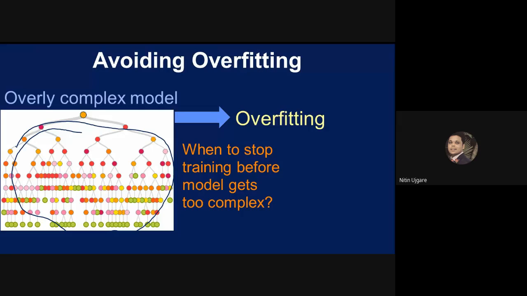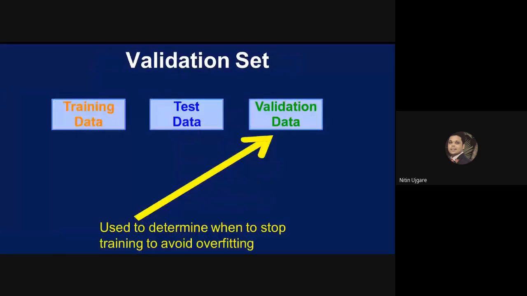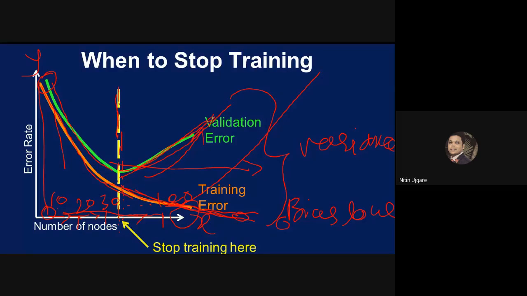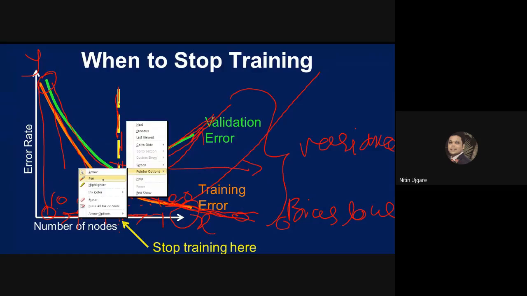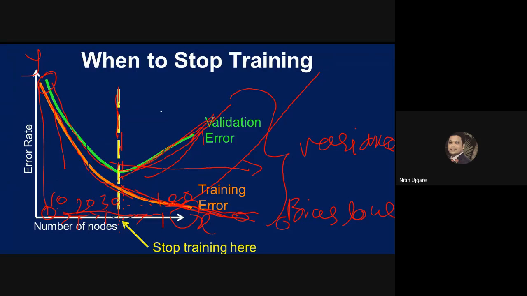So when to stop the training before the model gets too complex? That is actually mentioned in this slide. So the early stopping criteria will give us the solution when to stop the training of the model. Till this point, we can continue training our model.